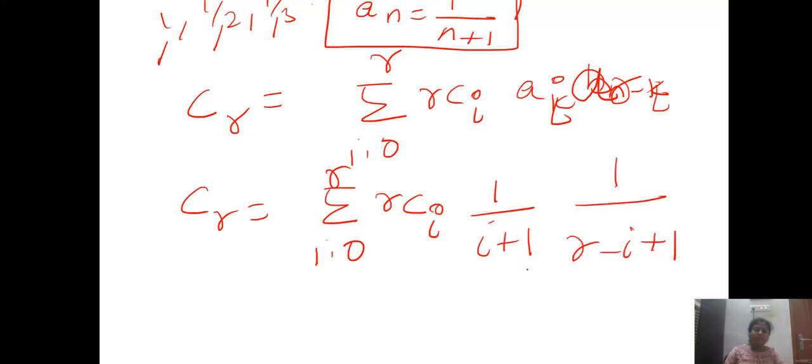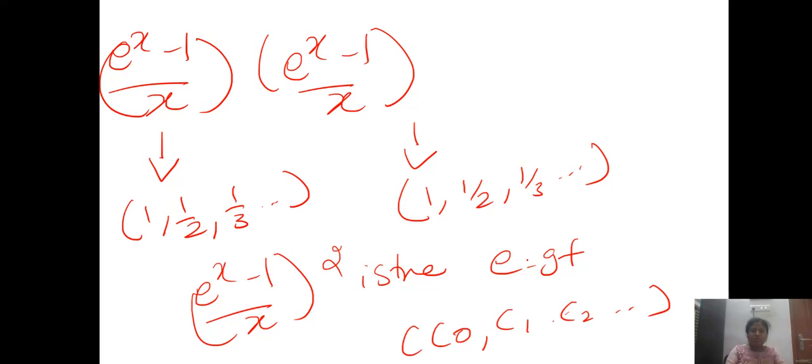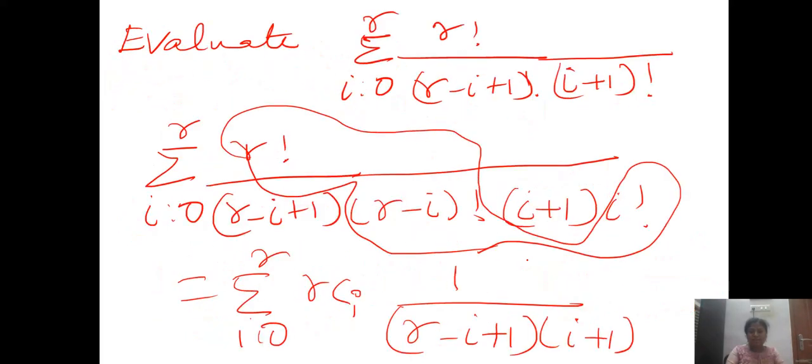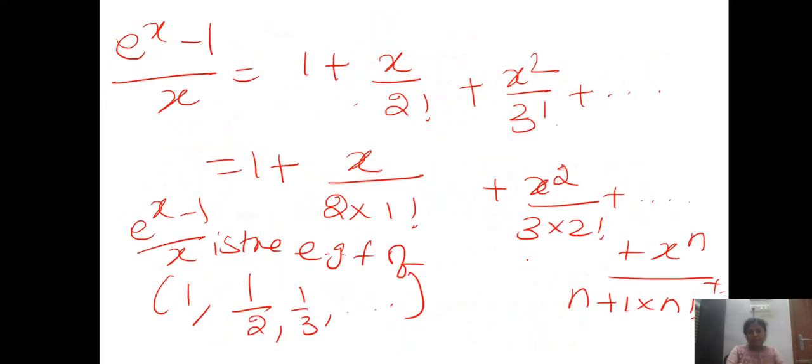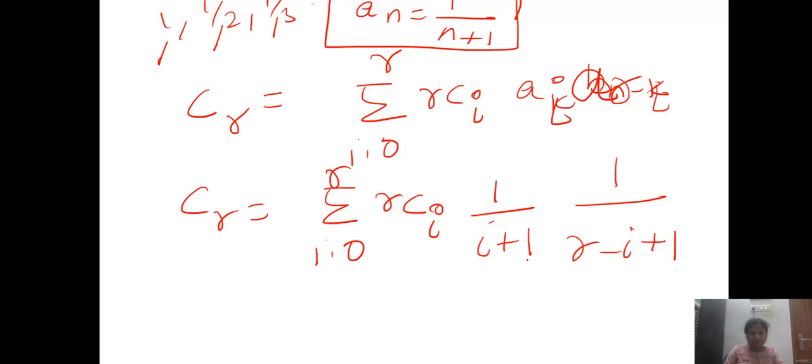So now you can see this C_r is the same as the sum that we are asked to find. Both are the same, which means it is enough if I find C_r. What is C_r? C_r is nothing but the rth term in the sequence that ((e^x - 1)/x)^2 generates.